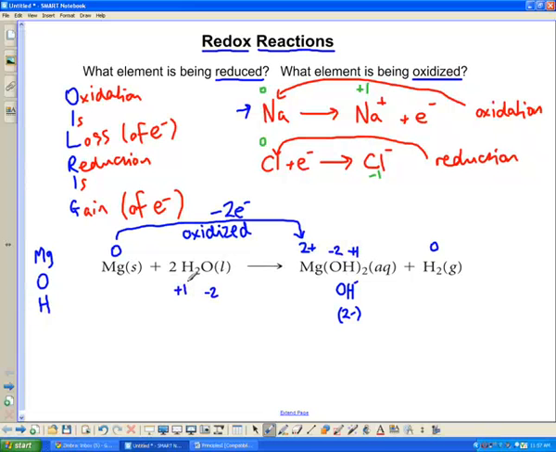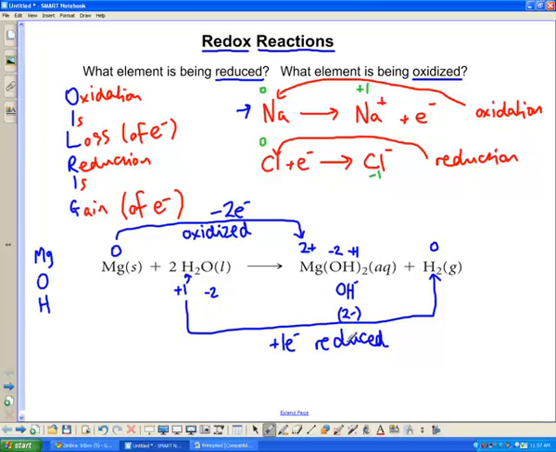But we have the oxidation state of hydrogen here as being 0. So what's happened is, when we go from here to here, the hydrogen's oxidation state has decreased. It's gone from +1 to 0, so it's gained an electron. More importantly, it's been reduced.